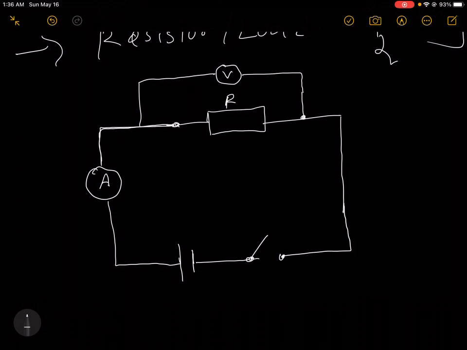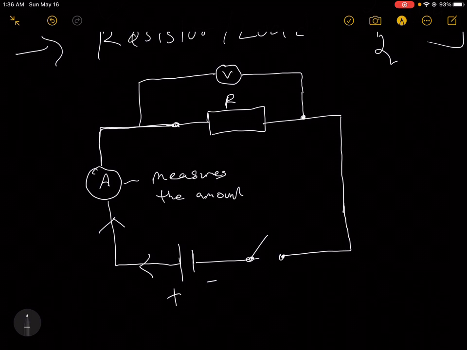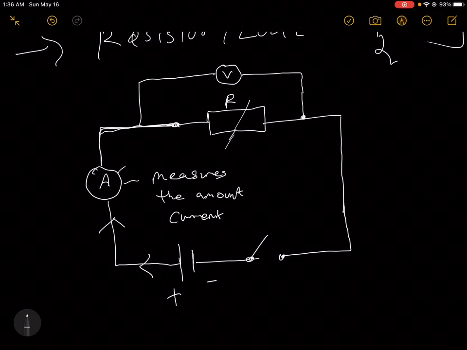So this is our battery, positive and negative, which supplies a current. Now this current flows through an ammeter that measures the amount of current that passes through. Now it goes into this resistor. This resistor can be a load. This resistor means something that takes a little out of the current that passes through here.